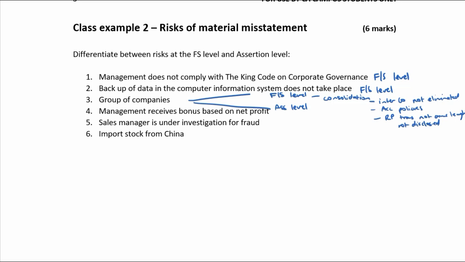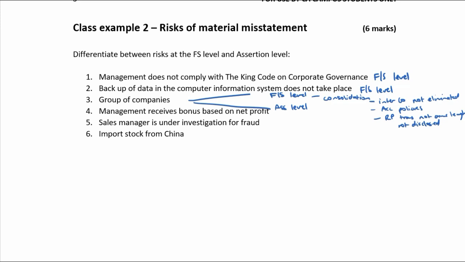So that would still need to be included in the financials. It's not an intercompany, but it might not be at arm's length or disclosed. So make sure you see the difference between related party transaction and intercompany. If it's a related party transaction between the two companies, which makes it intercompany, then it's a risk that it's not eliminated, but that's because it's intercompany, not because it's related party.